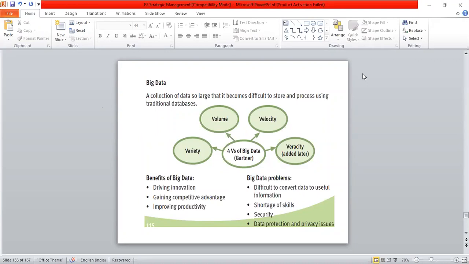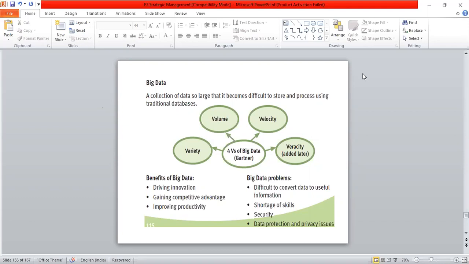The benefits are, it drives innovation. So earlier, considering the entire volume of data and processing it was not considered, but now that becomes possible, driving innovation. Then definitely the result would be different when a sample is used and applied to the entire data, or when they consider the entire large volume of data and take it for processing.